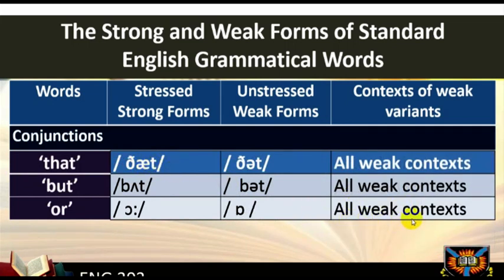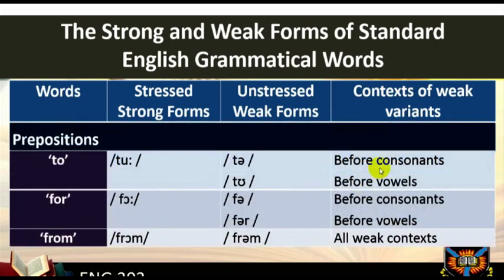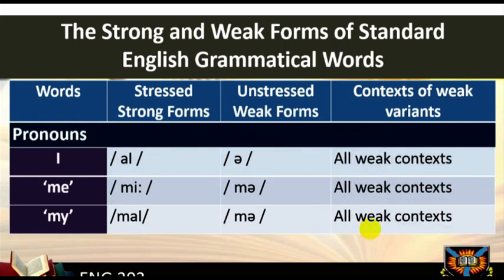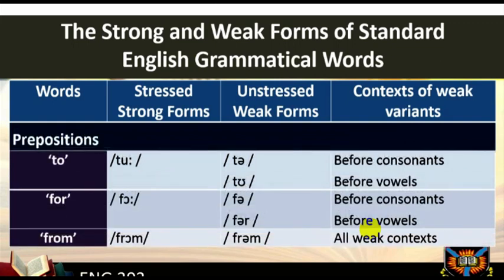Or, all weak contexts. Prepositions: to, before consonants, before vowels. For, before consonants, before vowels. From, all weak contexts. Of, before consonants, voiceless. All other weak contexts. By, all weak contexts.